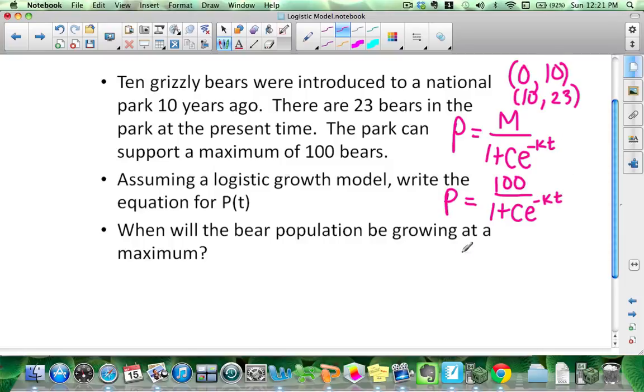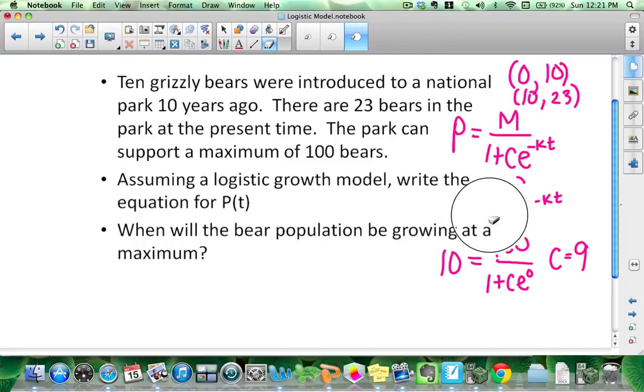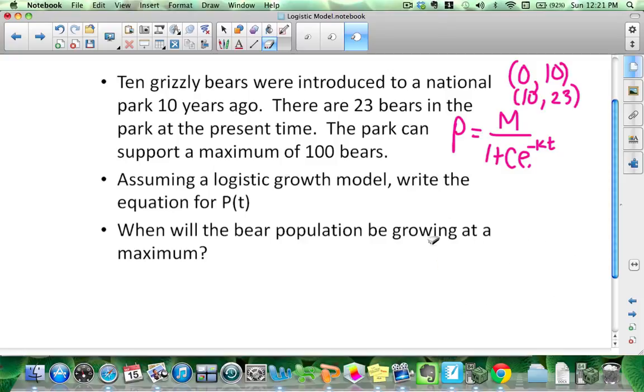The first thing I'm going to do is plug in my initial condition. 10 is equal to 100 over 1 plus C e to the 0, which gives me C is equal to 9. All right. So I'm going to race up to here and plug in 9 for C. Okay, so C is 9 and M is 100.